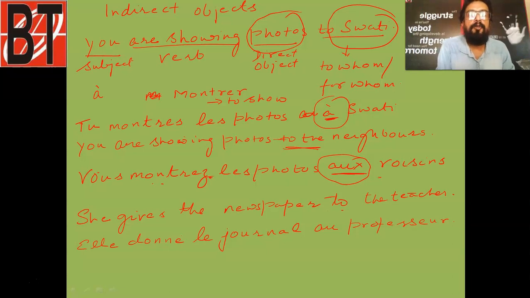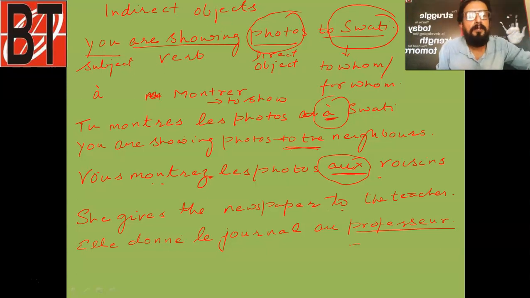Right? So you understand that this professeur is the indirect object. So what I mean to say is that the indirect object will always take the preposition à.